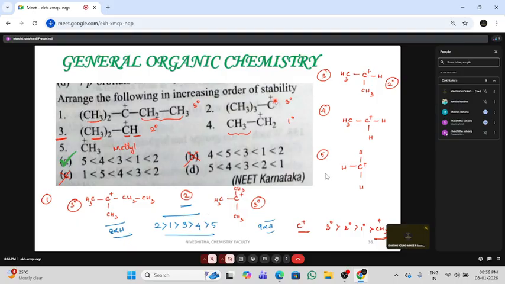Fine. So today, what are all the things we have discussed? We discussed what is substrate, what is reagent, different types of organic reactions like addition, elimination, substitution reaction, and we know when addition reaction will occur. Substrate has to be a double bond or triple bond.